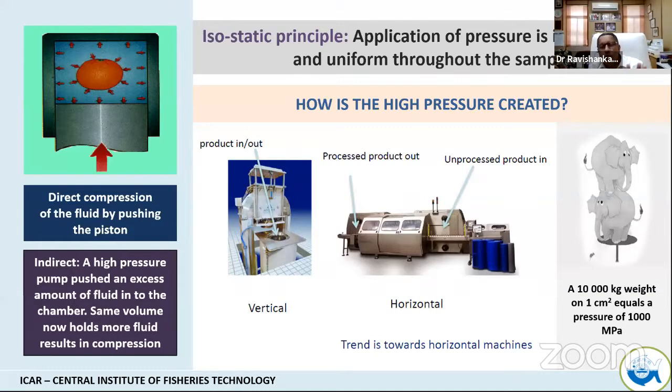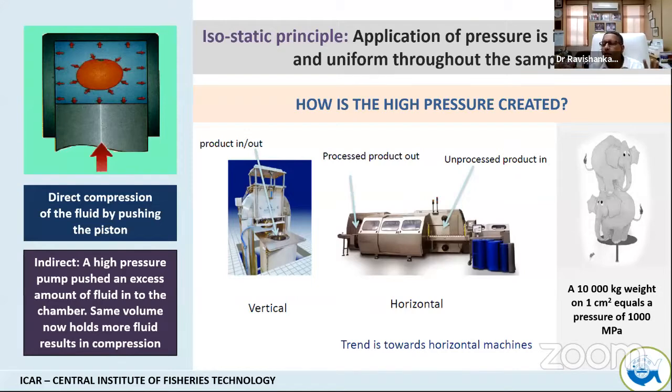Normally the high pressure machines are vertical and horizontal. We are also working on that. Friends, I'll tell you, this is one of the future technologies, because we are getting a lot of requests from juice manufacturers and pulp manufacturers. We know that this is a non-thermal technology, but the impediment is that the machinery is very expensive. Maybe it will take some time.